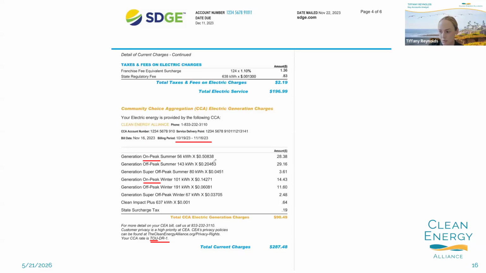So in this example, it's almost half the price if you're able to switch to off-peak. I think that's all for this section. If you have any questions about your CCA bill, our phone number is on here as well. You can give our call center a call, and they are really well trained to walk you through this step by step if you need additional help.